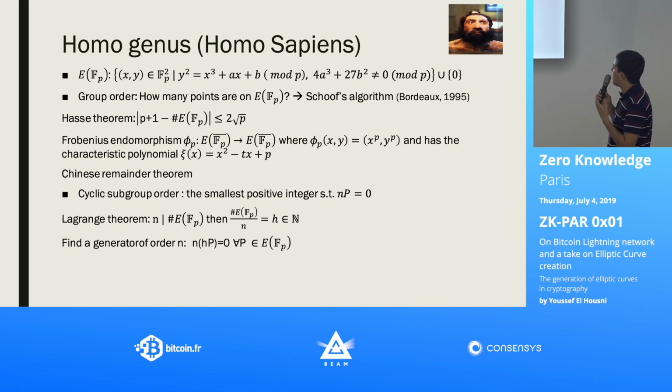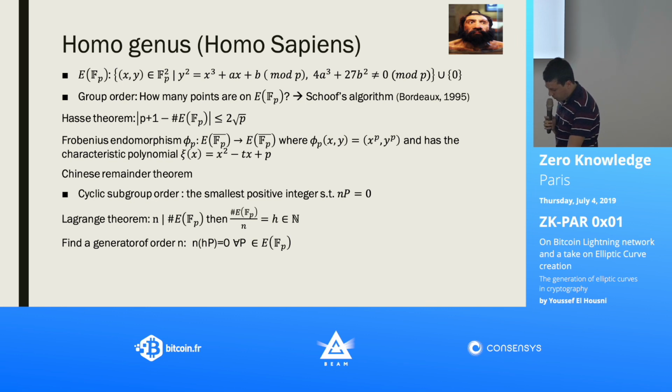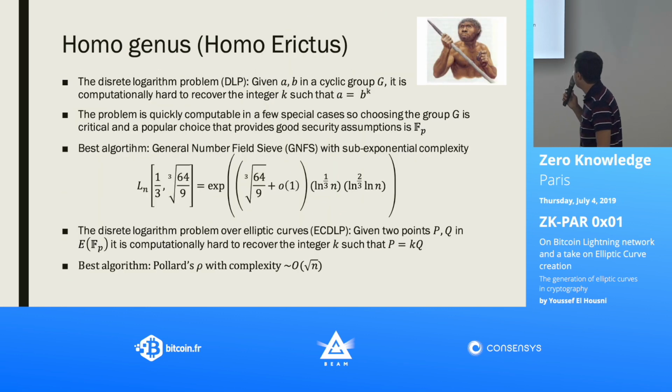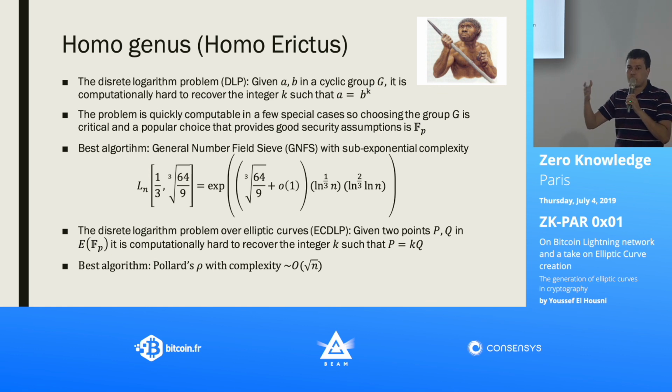So this is what I call Homo sapiens, but let's not forget that before Homo sapiens there were some cousins called Homo erectus. The history of cryptography was at the very first symmetric cryptography. You have a message you want to encrypt, you encrypt it with a key, and then to decrypt it, you decrypt it with the same key.